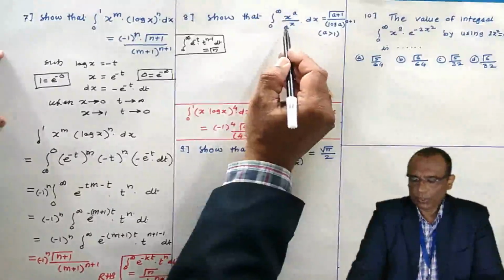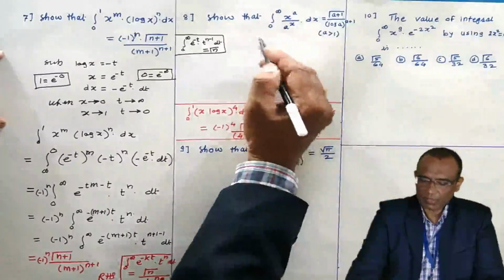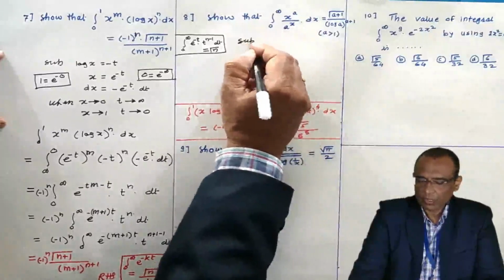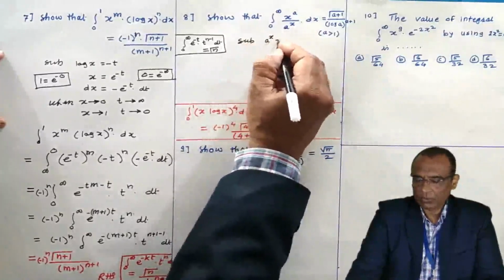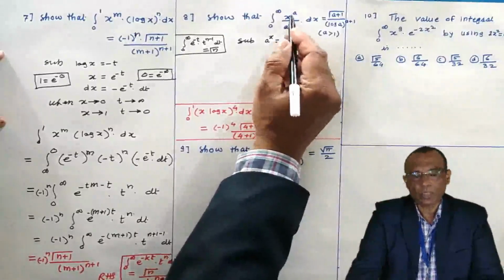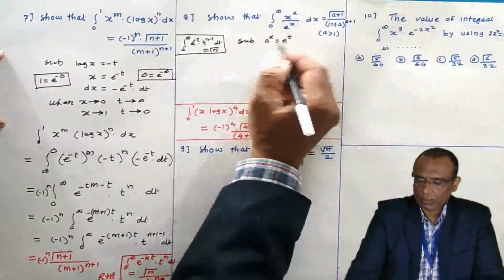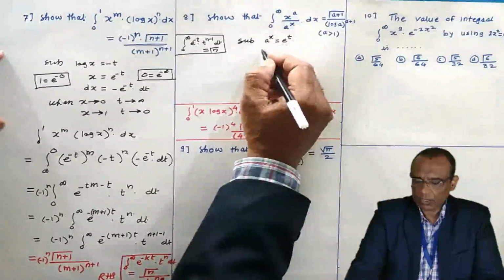So I am going to substitute a power x equal to e power t. When e power t goes up, it will be e to the power minus t, and that is what we want. Then find the value of x by taking log of both sides.